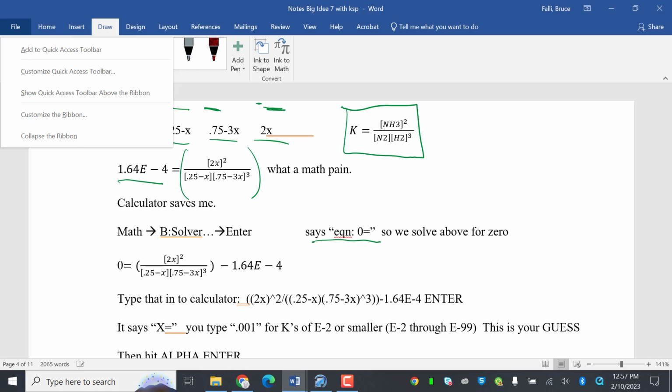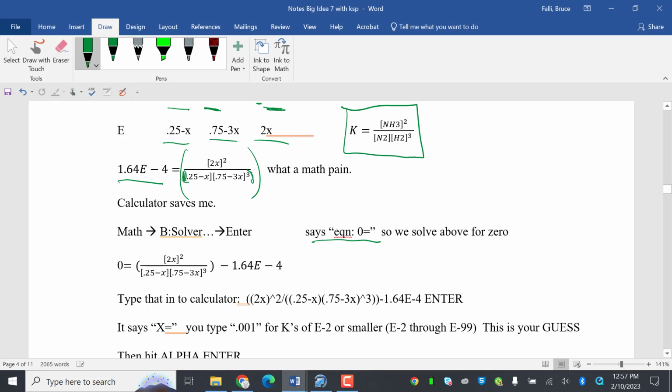See how the parentheses are annoying? Yours probably says x. I'm mad mine says theta. I'm going to take the batteries out here in a minute. And then also notice how I have to double parenthesize these because they both go on the bottom. And I type all that in, close my parentheses, minus 1.64, e negative 4, enter.